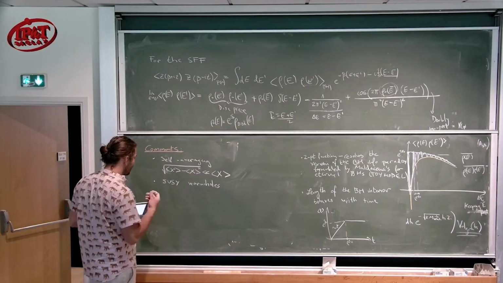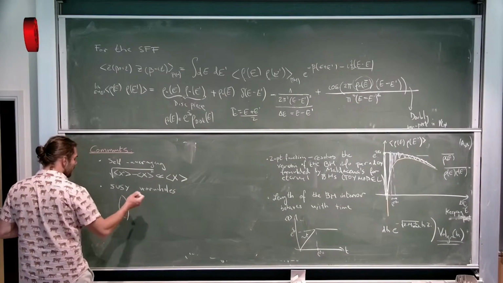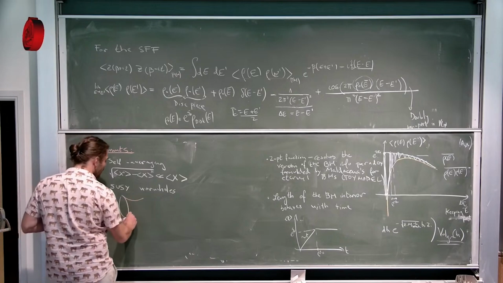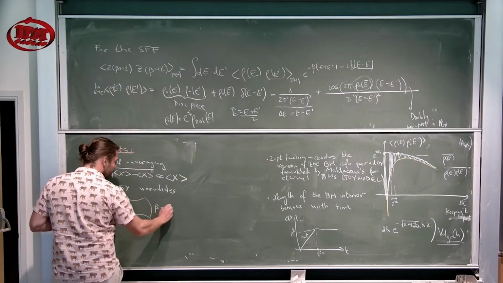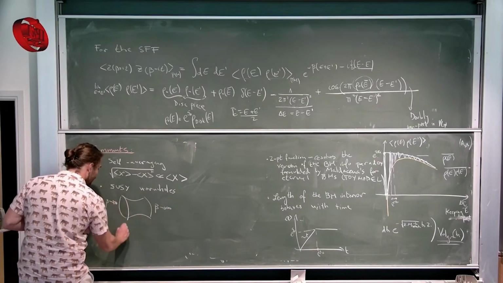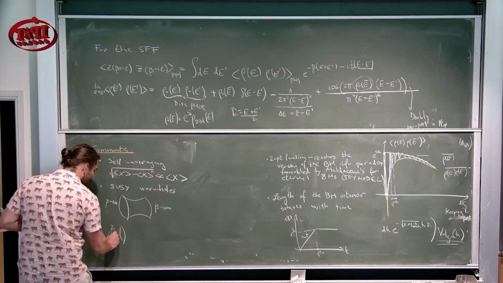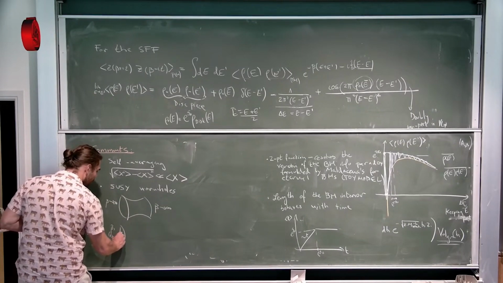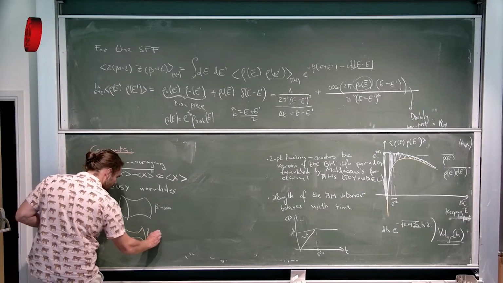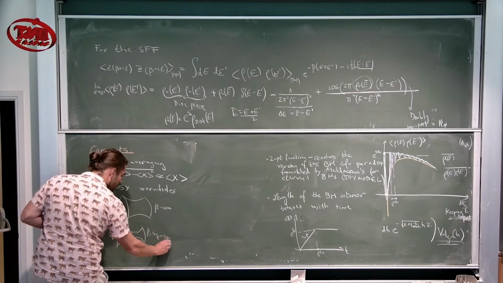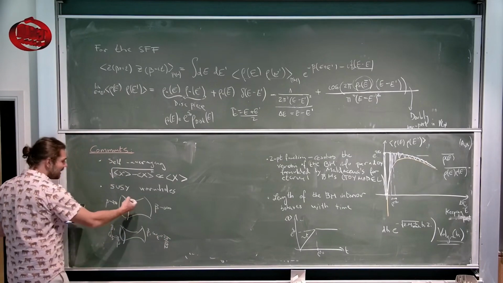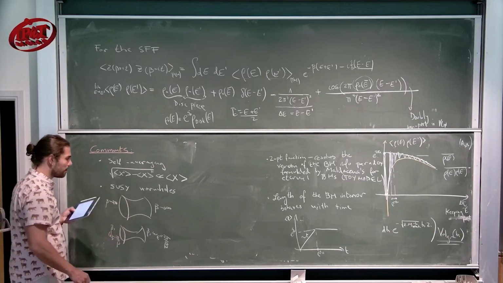And this fact is also captured by a gravitational computation, which shows that if I send beta to infinity, or if I keep beta fixed but fix the Euclidean angular velocity to be 2 pi over beta, this one computes a degeneracy, this one computes a connected part of a degeneracy, this one computes a connected part of an index.